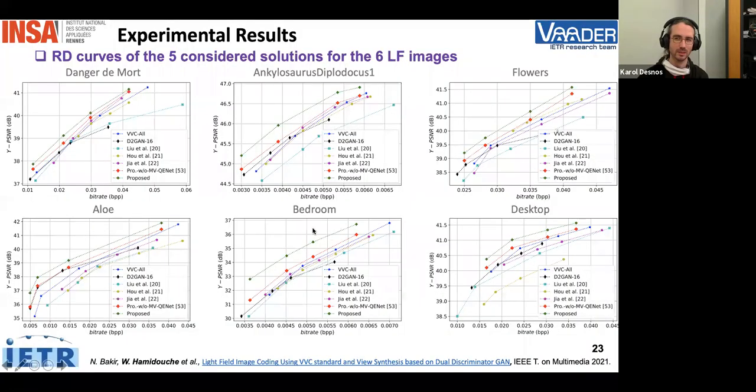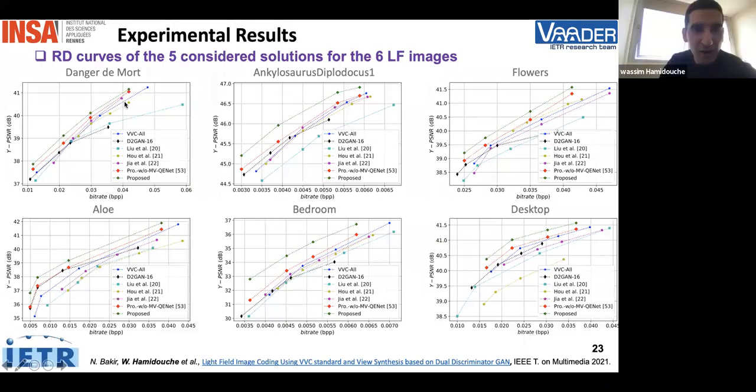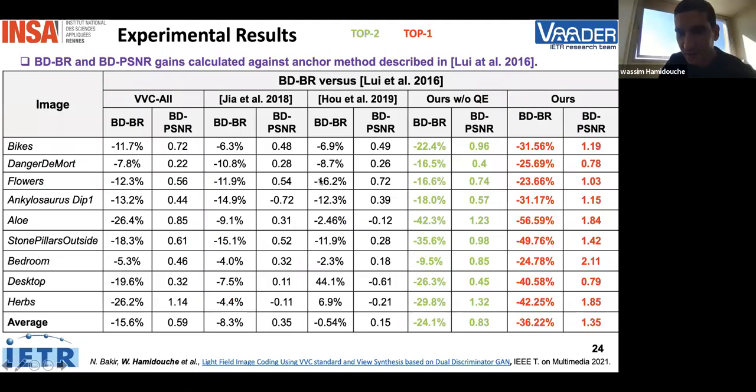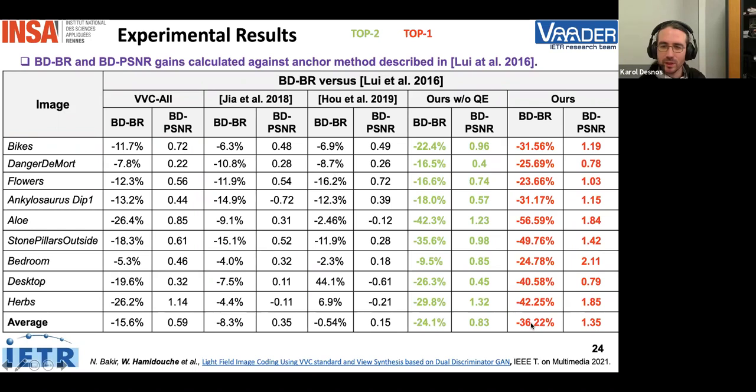Is that right? The quality here in green is the proposed one. It was the slide after this one, sorry. The one with the table. Yes, this one. So the bitrate, when you have the quality enhancement, is it lower than the one without?